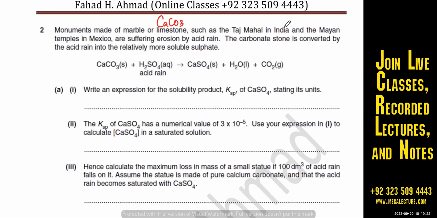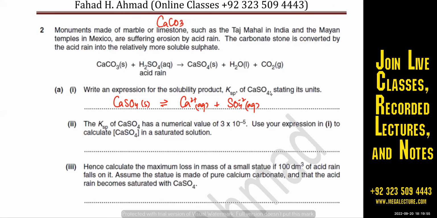Such as the Taj Mahal in India and the Mayan temples in Mexico are suffering erosion by acid rain. The carbonate stone is converted by the acid rain into the relatively more soluble sulfate. So they're saying that this is less soluble, this is more soluble. Write an expression for the solubility product Ksp for calcium sulfate. When calcium sulfate dissolves, the solid calcium sulfate will dissociate to form Ca2+ aqueous plus SO4 2- aqueous.